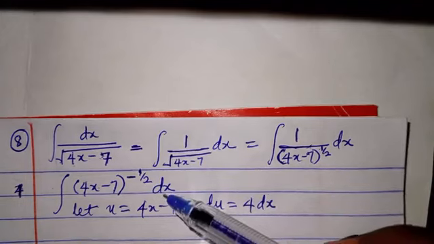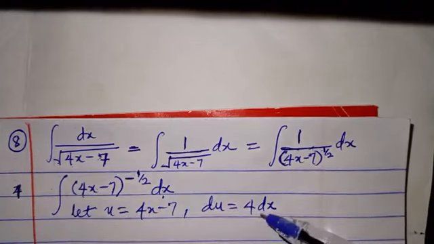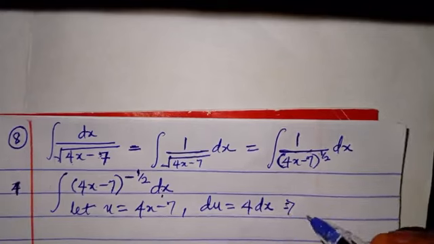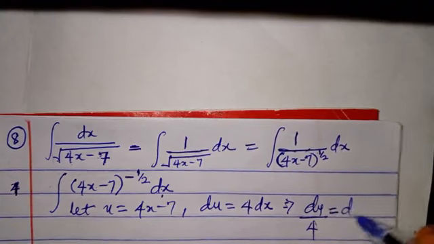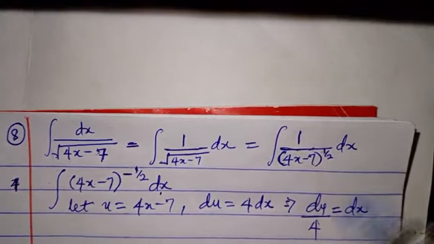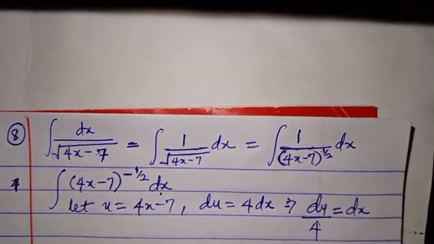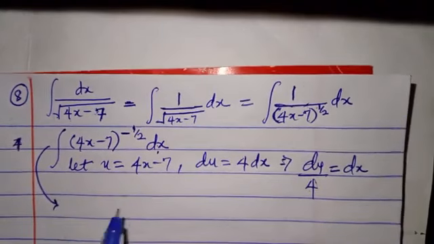I can see dx here. There is no other constant attached, so I can eliminate this 4 by simply dividing both sides by 4. I will obtain du all over 4 equal to dx. So dx now is du over 4. This integral can be written like this now.